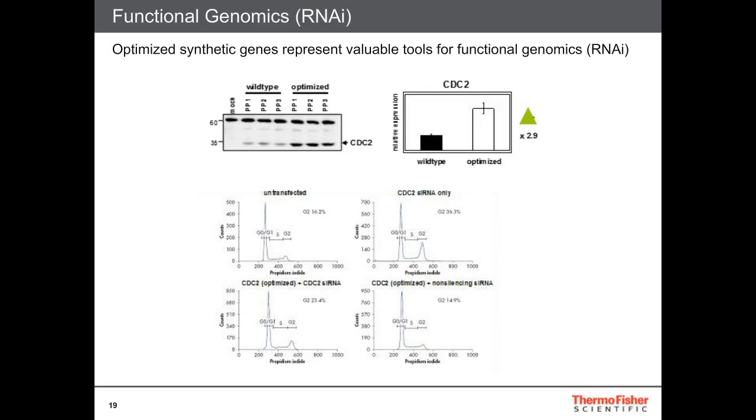Then we performed the rescue experiment on the lower left, where we co-transfected an optimized version of CDC2 together with the siRNA, and as you can see, the amount of cells arrested in G2 phase dropped down to almost wild-type levels, indicating that we reversed the cellular phenotype, and that indeed CDC2 was the target of the siRNA-mediated knockdown.